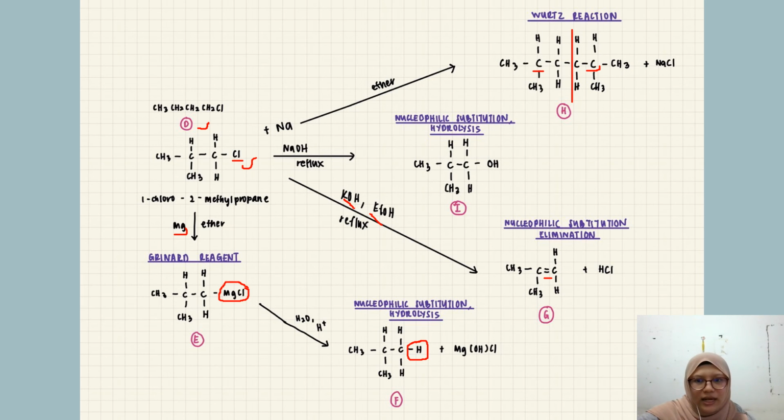And then the last one is structure I, which is the hydrolysis of structure D with aqueous sodium hydroxide under reflux. So when we do this reaction, basically we will get an alcohol. So structure I is an alcohol, which is 2-methylpropan-1-ol.